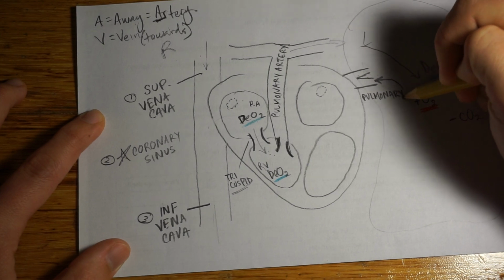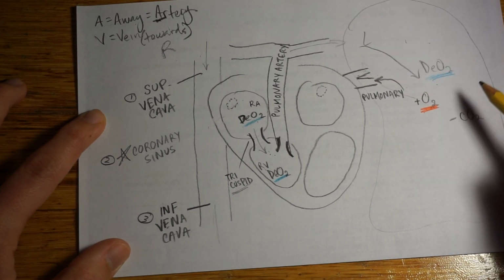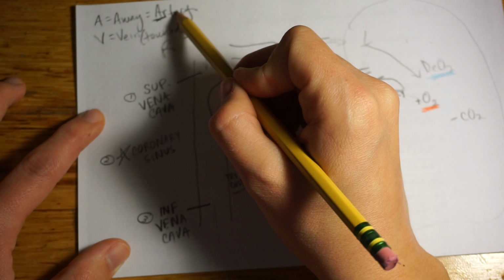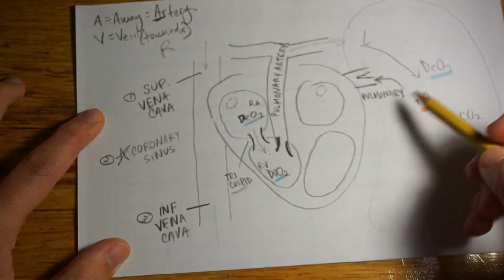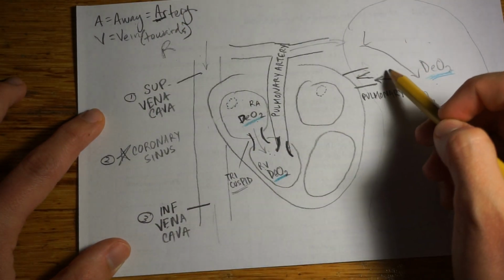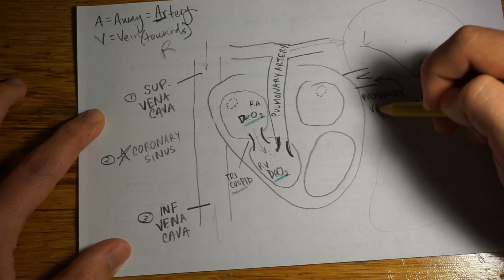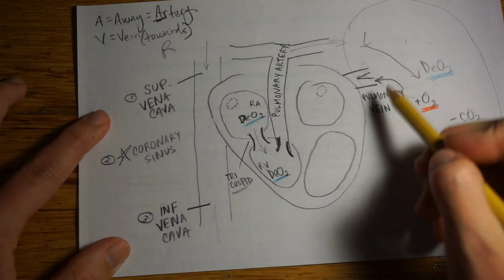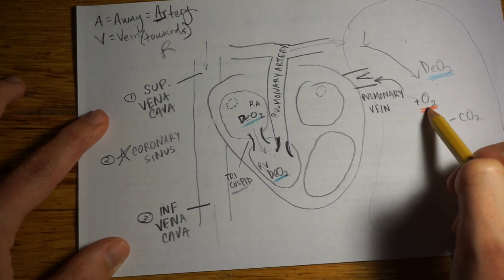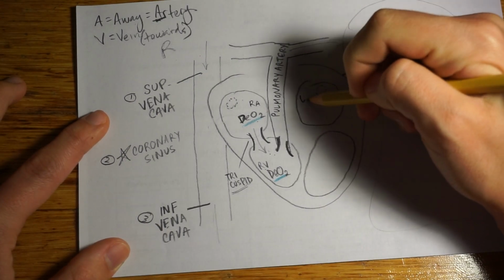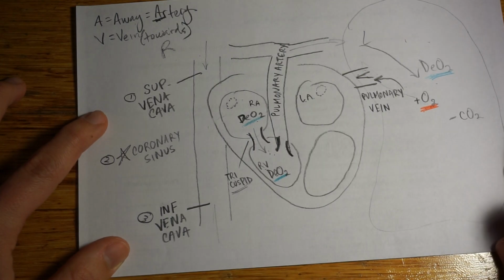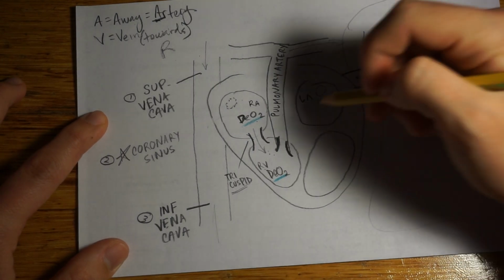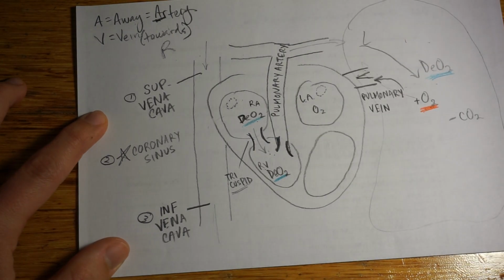And is it going to be an artery or a vein? Artery is away from the heart, vein is towards the heart. So it's taking this oxygenated blood towards the heart, so this is going to be the pulmonary vein. So the pulmonary vein takes oxygenated blood from the lungs and dumps it in here to the left atrium. And remember that it's oxygenated here now.